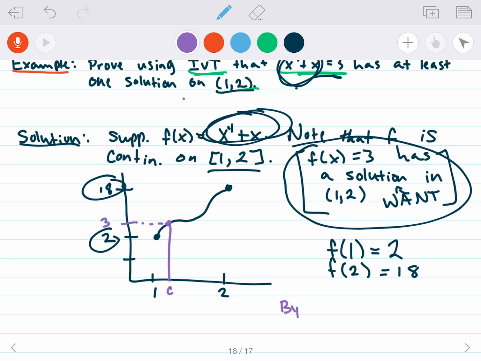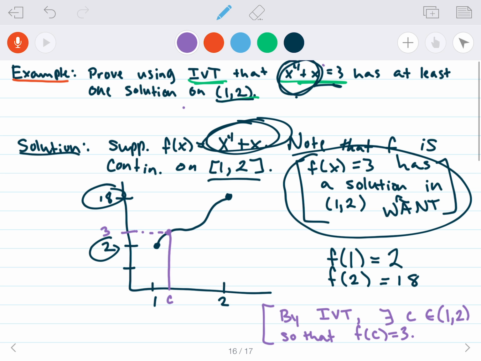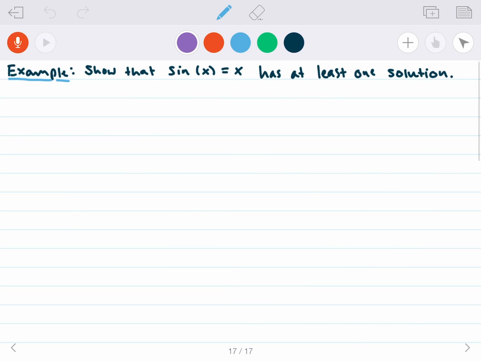So we conclude by the intermediate value theorem that there exists a c in [1, 2] so that f of c equals 3. So indeed, f of x equals 3 does have a solution in [1, 2], and we used the intermediate value theorem to conclude that.